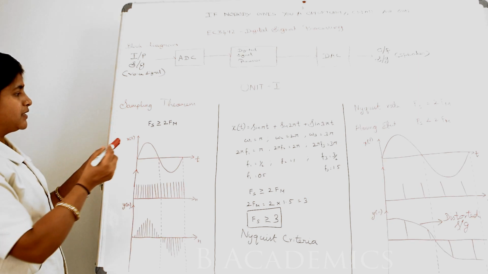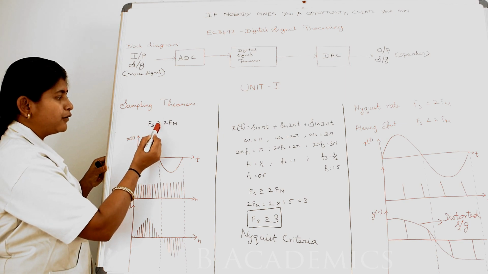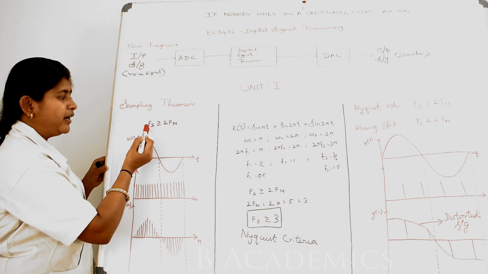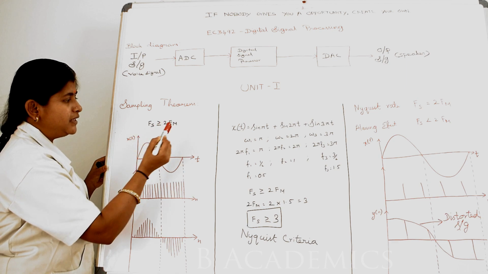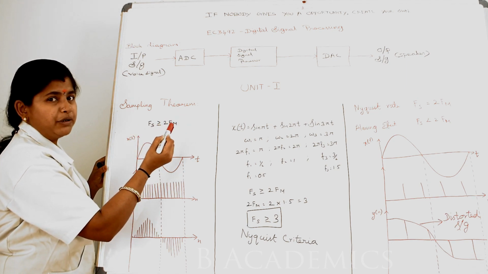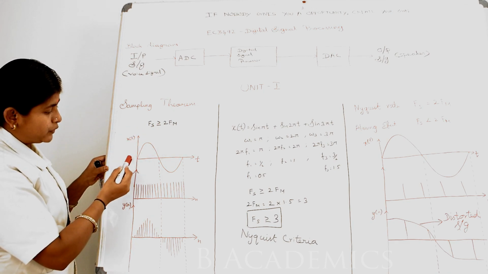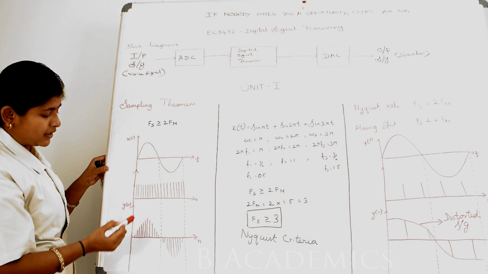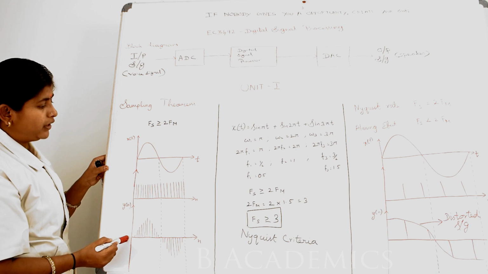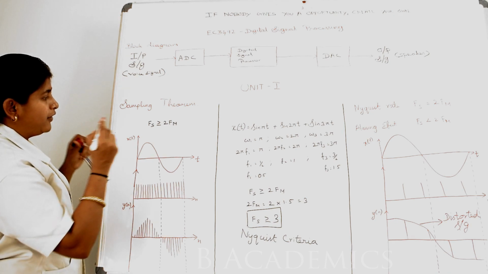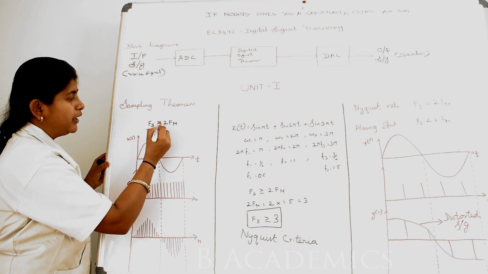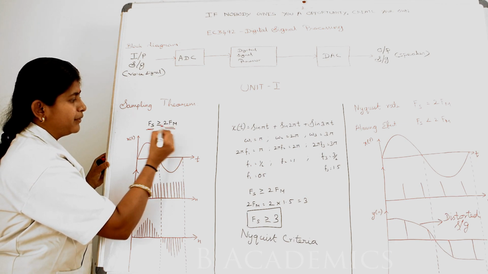This is given as Fs is greater than or equal to 2Fm, where Fs is your sampling frequency and Fm is your maximum input frequency. Consider this input signal, this is the sample pulse, and this is the sampled signal. So your Fs should be greater than or equal to 2Fm.